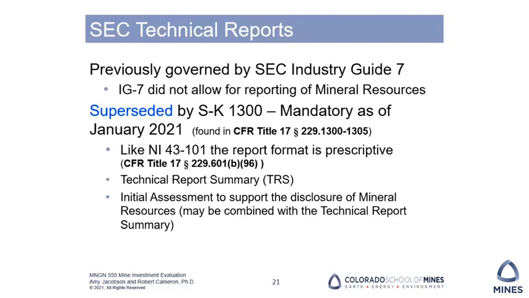Some of those chapters go in and out depending on what stage and what type of report you're reporting on. They also require an initial assessment to support the disclosure of mineral resources. This may or may not be combined with the technical report summary. It may be a standalone document. It just depends on what you're doing and what you're trying to do.